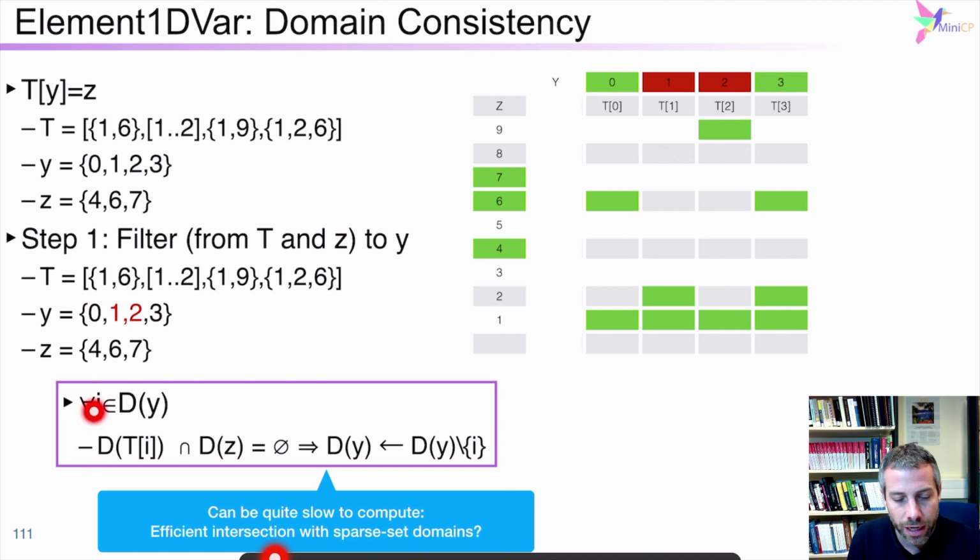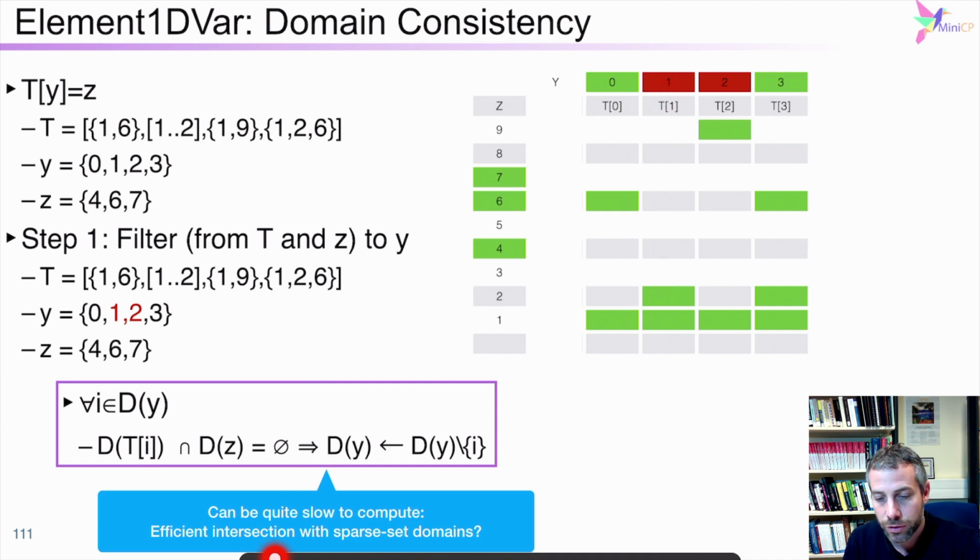We will check for every index, so the indices are there. If for a given index, we see that there is no intersection between the domain of the T variable at that corresponding index and the domain of Z, then we can remove the corresponding index from the domain of the variable Y. So which one can we remove? Well, you see that for the first one, there is a common intersection there, so we cannot remove this value 0.